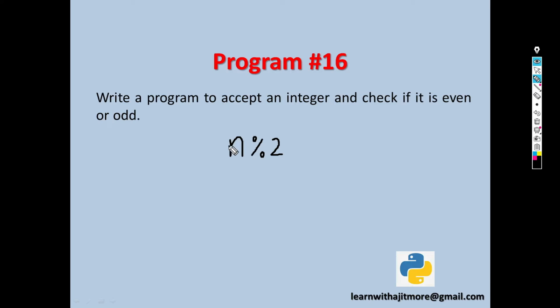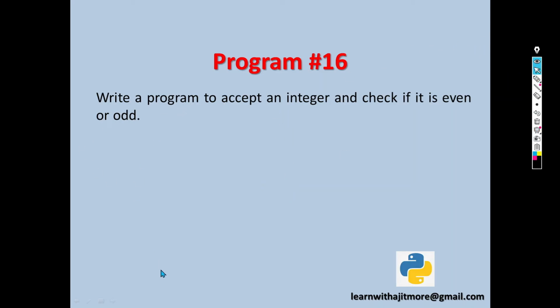So whatever number we accept, we check its remainder after dividing by 2. If the remainder is 0, then the number is even, and if the remainder is 1, then the number is odd. That simple it is. Let's write the program for this.